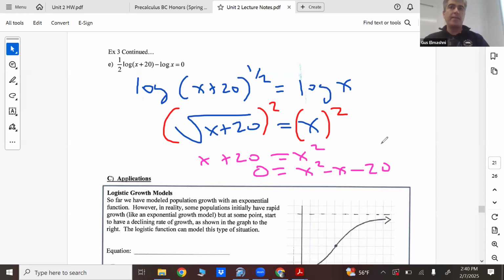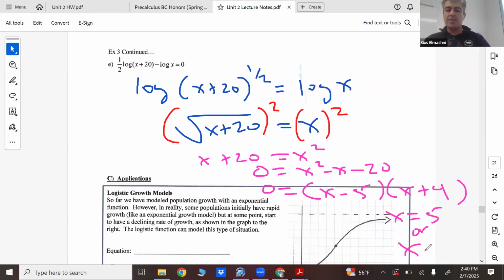You have 10 to the 0 power, just 1 on the other side. Oh, that's what you didn't do, William. That's what I forgot. Yeah, you're totally right. I know I'm right. Okay, let's keep going. You get 2 answers, but -4 is incorrect. It's extraneous, so that's no good. So that won't work for us.